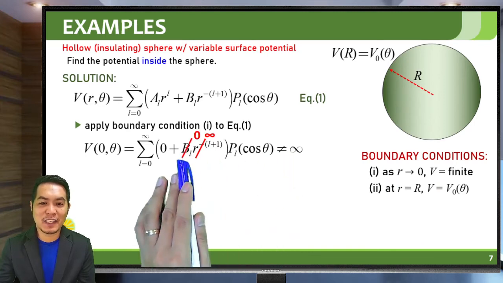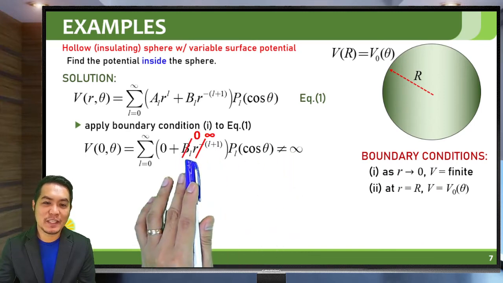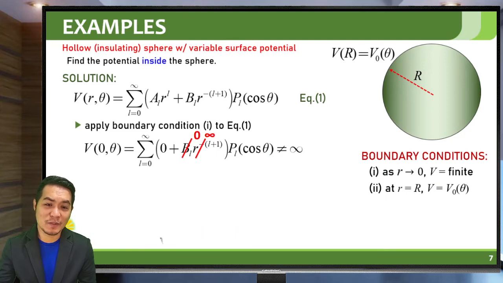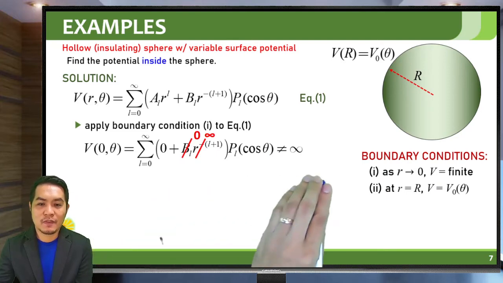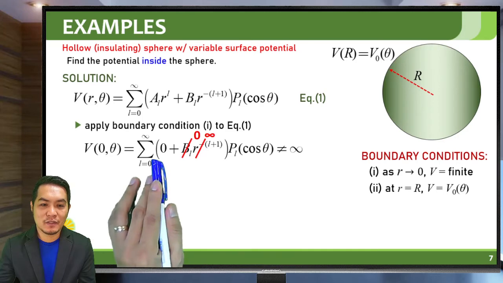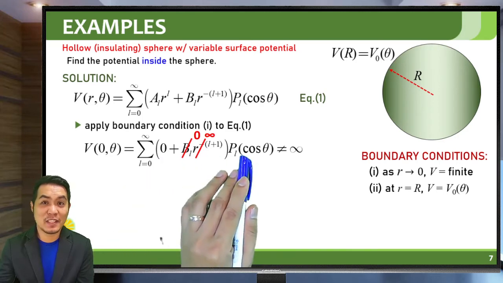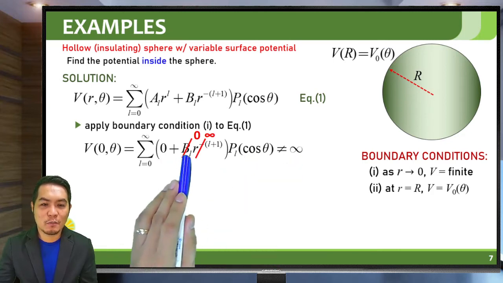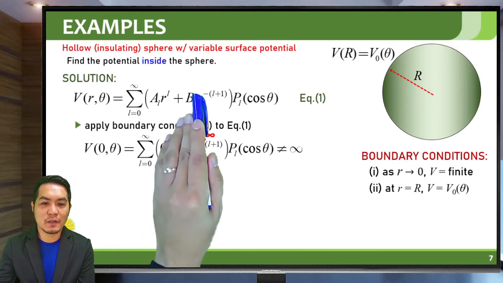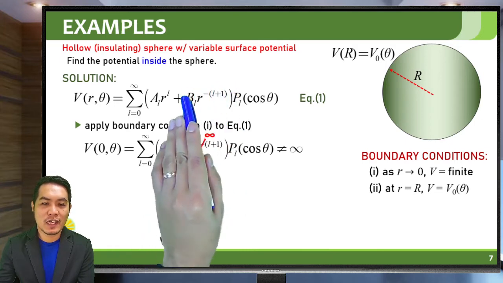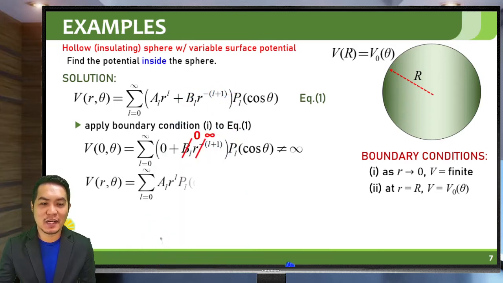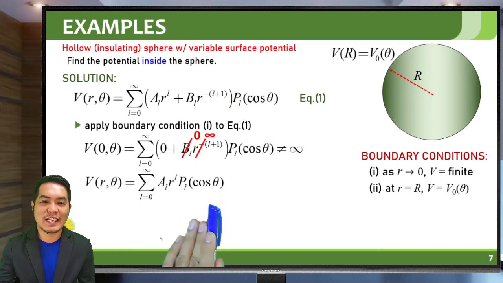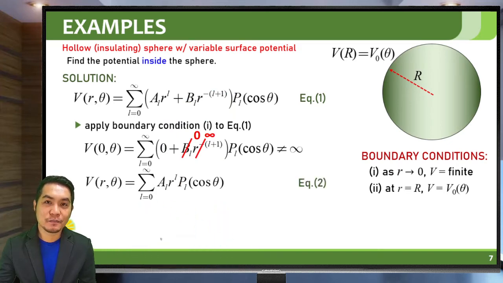So in order to do that, we need to set our B_L equal to 0, so that it will be finite. This term is no longer needed in our general solution, and we are left with this solution. It's now more simplified.